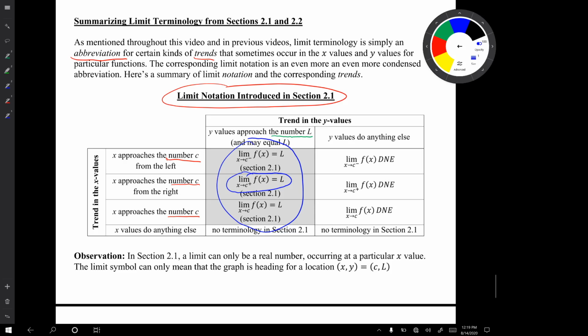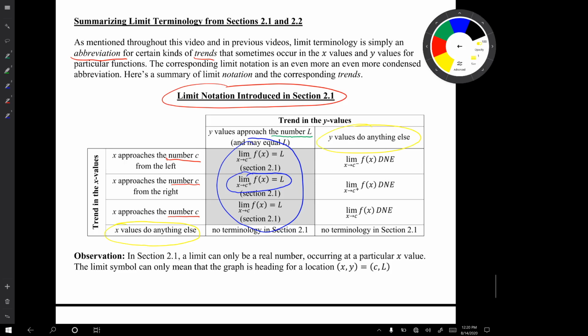A trend in the x value and a trend in the y value. In section 2.1, we didn't have any kind of terminology to describe any other kind of trend, any other kind of trend in the x values, any other kind of trend in the y values.